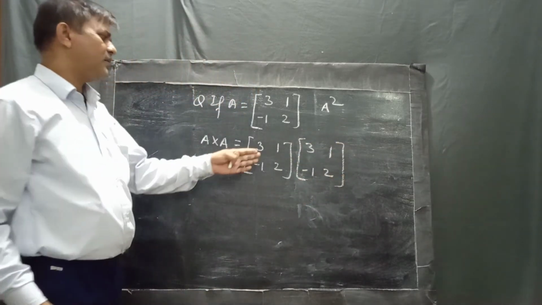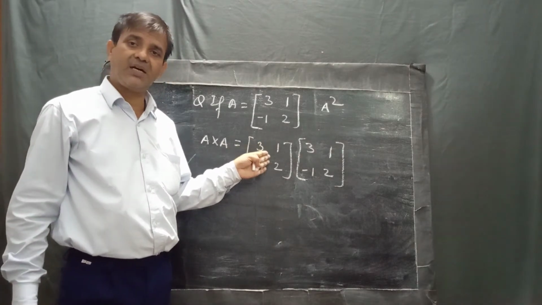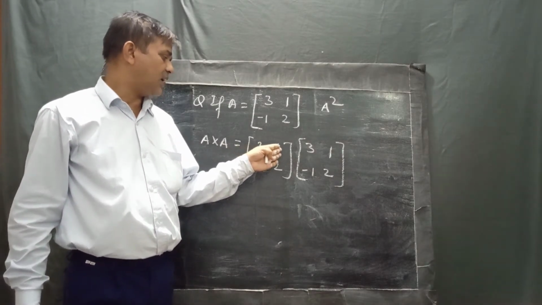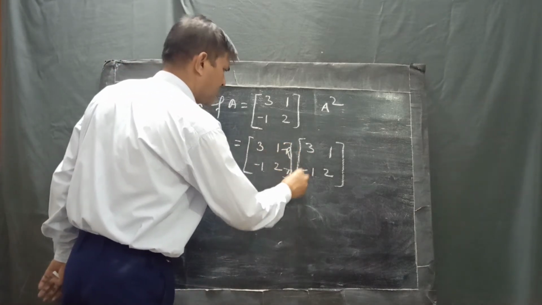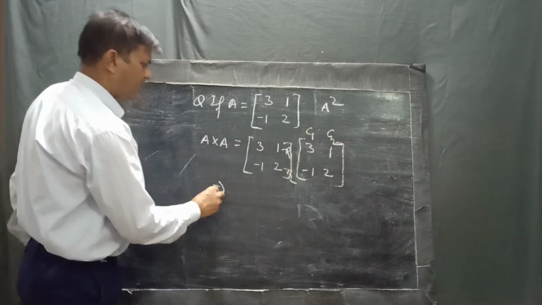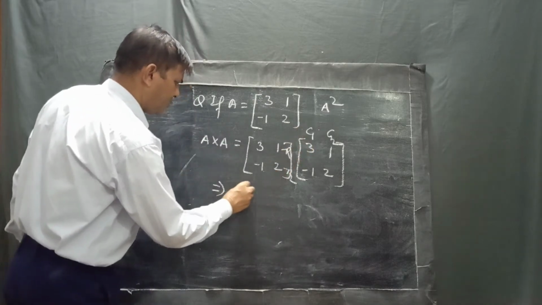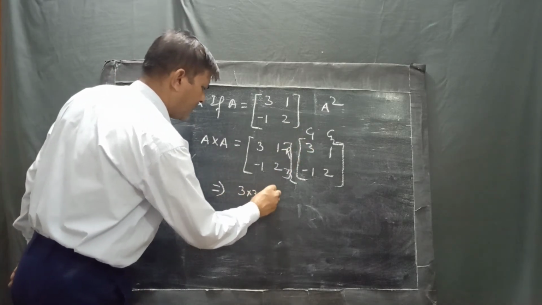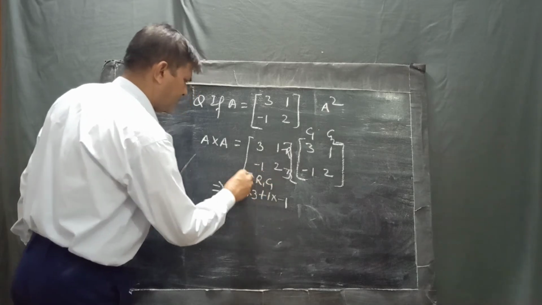Now for the first one, see the part for A, row 1. This is row 1, this is row 2, this is column 1, this is column 2. Now A into A means row 1 column 1: 3 into 3 plus 1 into minus 1. This is row 1 column 1.